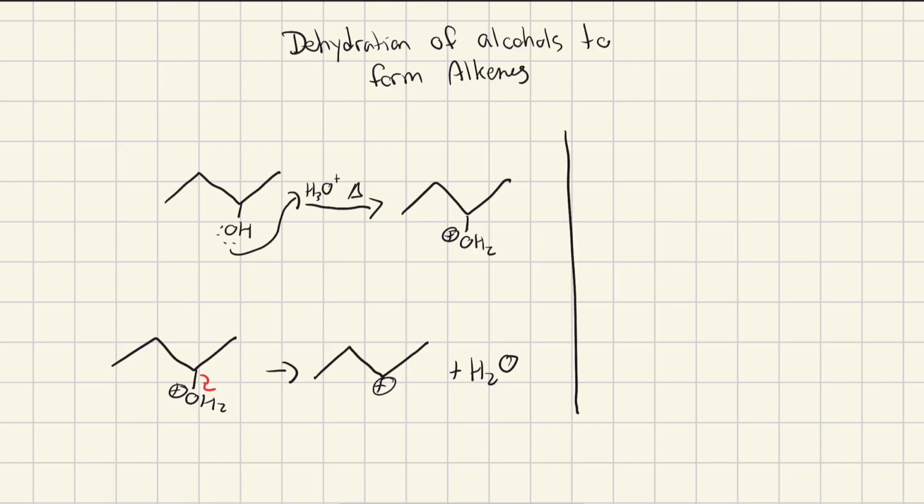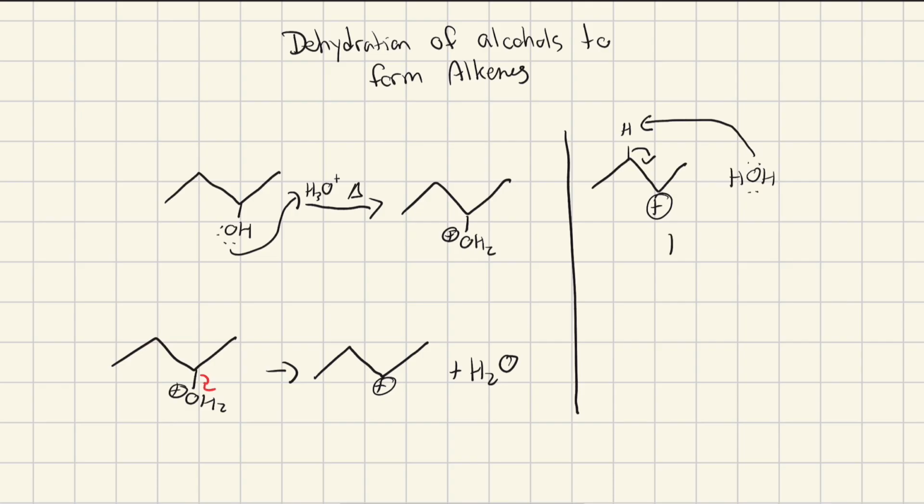After this, we're going to have our carbocation, and if I label our beta hydrogen, we're going to have a water that we formed in the last step attack that beta hydrogen. And those electrons will get donated to that bond and form our alkene.